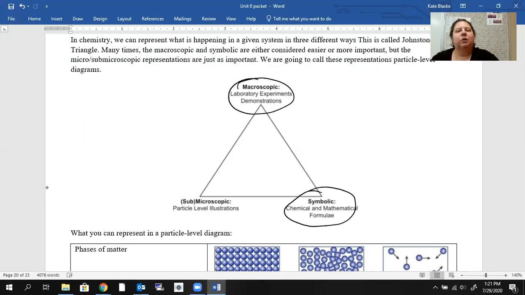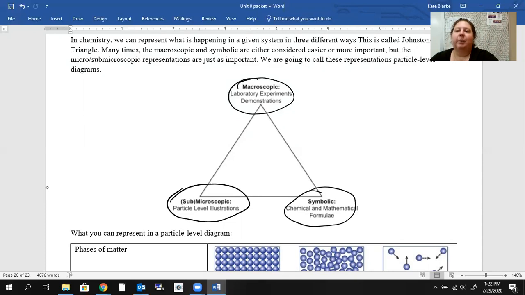This is writing out chemical or mathematical formulas. The sub-microscopic or the microscopic, because lots of times atoms are way smaller than a microscope can see, is on the itty bitty little level. This is where we show what's actually happening to the particles, to the atoms, to the molecules in whatever situation is happening.